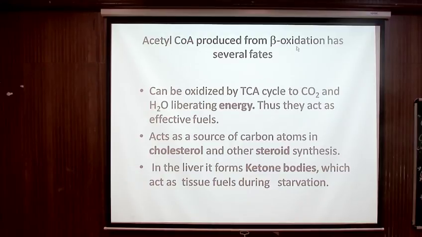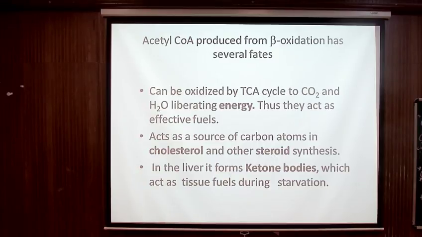So what happens to these 2-carbon units, acetyl coenzyme A, which is released? First and foremost it will be used for energy, by entering into the TCA cycle. That is how fatty acid is an effective fuel. If we have enough energy, it can be converted into cholesterol and other steroid synthesis, which will be dealt with in a separate chapter.